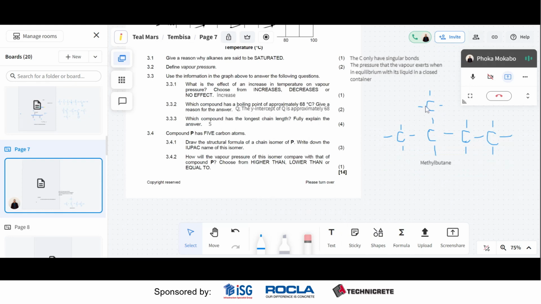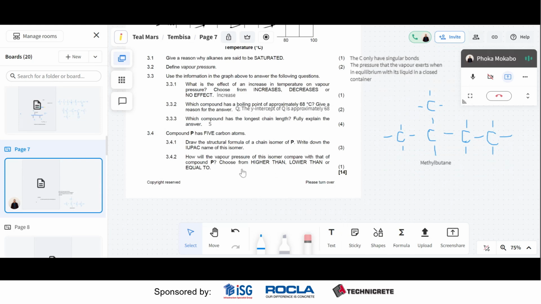Here's what I mean. If you take the C and you were to move it over here, to the carbon next to it, well, guess what? It would still be in position 2, just from the other direction. If you instead moved it to any of these outside carbons, you would now be looking at pentane again. And so because of that, you can only have methyl butane with the branch being in position 2.